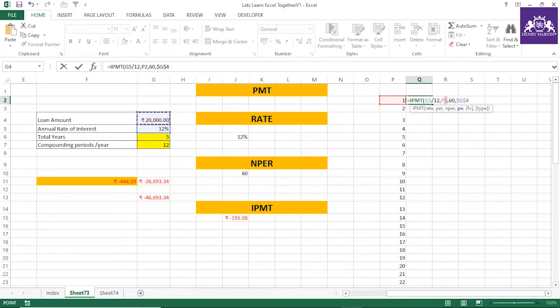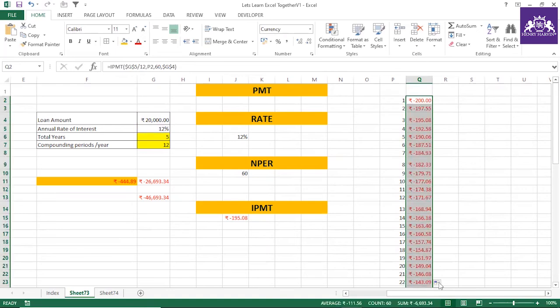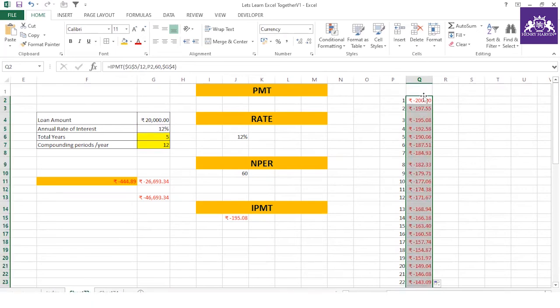So P2, what is my P2, guys? P2 is not supposed to be locked, but G5 has to be locked because G5 is the annual rate of interest. So now if you just close this formula, see what result we are getting, guys. So you know that 6693 result is coming. This is the interest we are paying, guys.